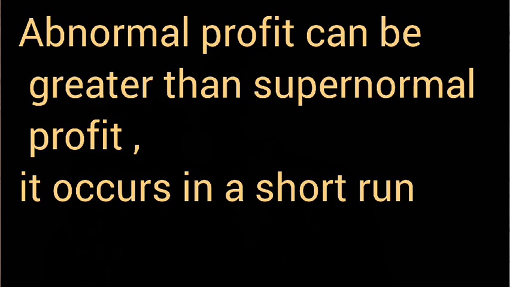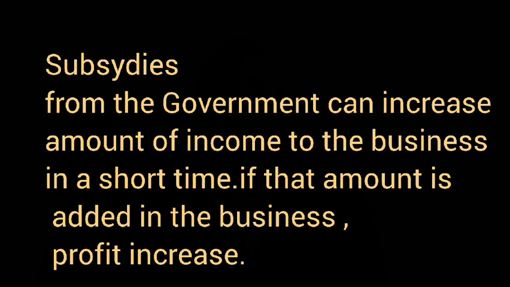Also, abnormal profit can occur when the government subsidizes industries. So that amount of money, when it goes to the industry, can lead to supernormal profit. Support from the government contributes to interest. There is an opposite of abnormal profit.